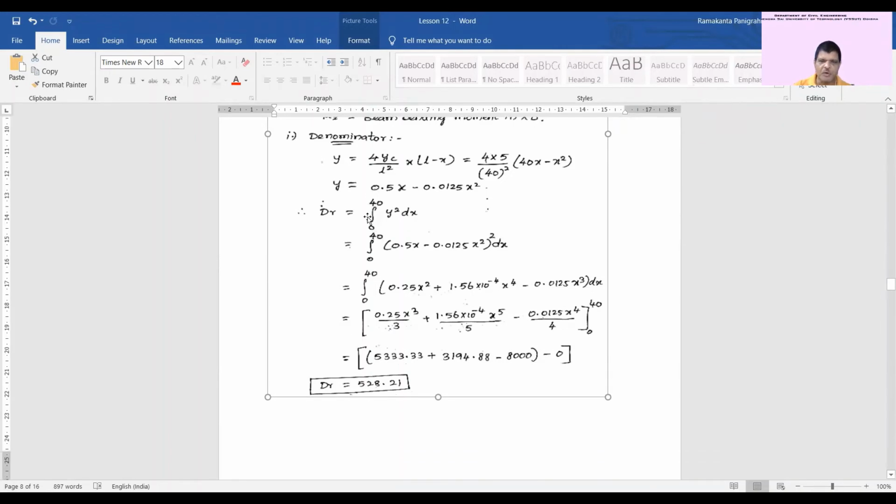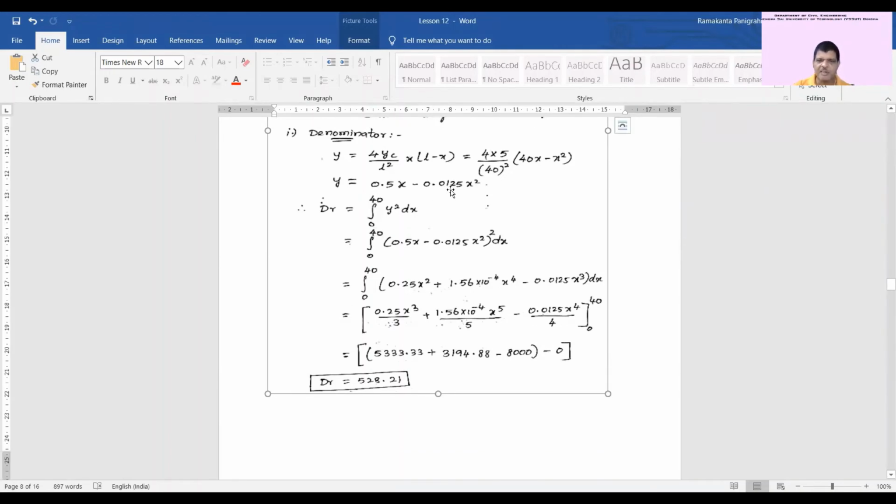This y comes out to be 0.5x minus 0.0125x square. So this is the value of y. This is required for all calculations further. Wherever you require the shape at any distance x, you can just put the value of x and find the value of y, just straightforward.